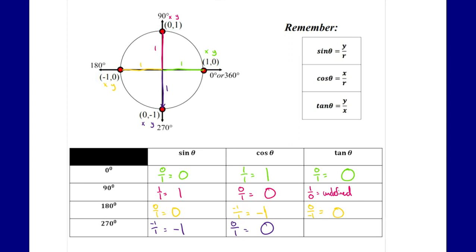And for tan, y over x, negative 1 over 0 gives me undefined. So again, just going over those ratios based off of coordinates for our trig ratios.